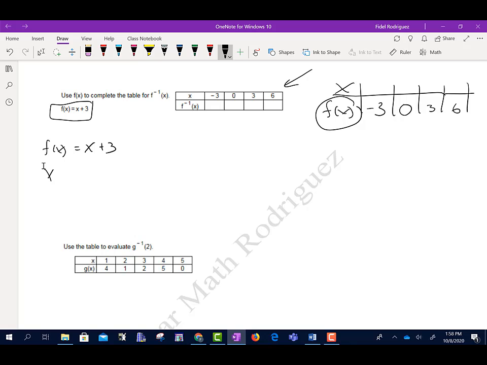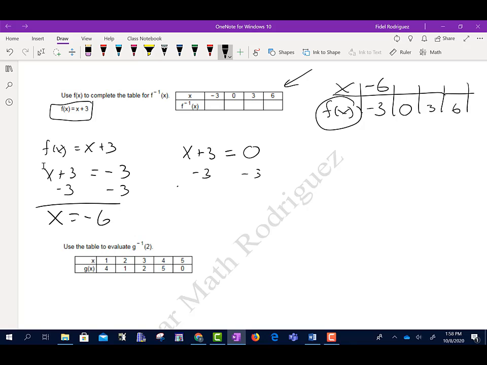So I might say, well, look, if x plus 3 is equal to, say, -3, when I subtract 3 on both sides, that gives me x equals -6. So I know I had to plug in -6 to get -3. And then I might do the same thing and say, well, what value did I have to plug in for x plus 3 to end up with 0?